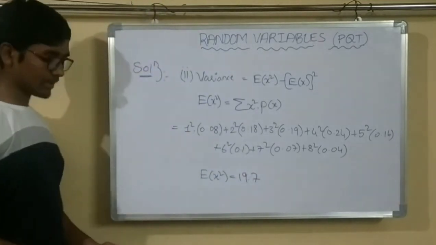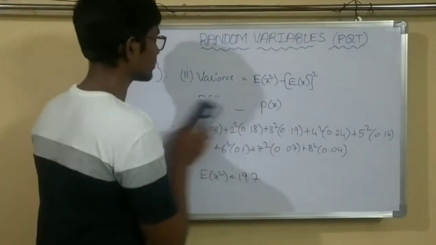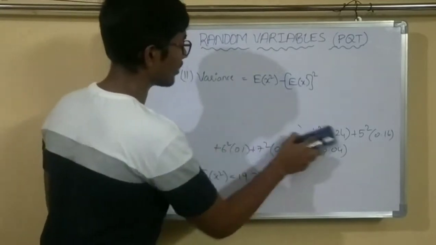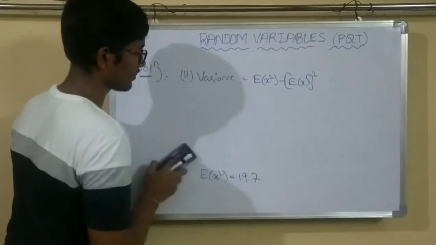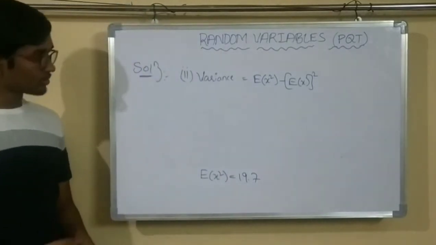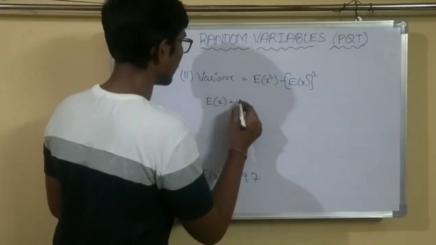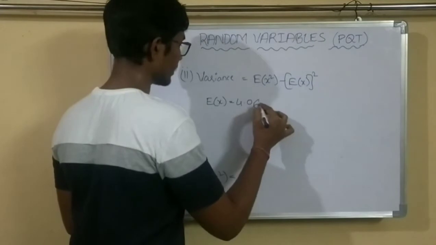I got the expectation of x square value as 19.7, and I have to substitute this value in the formula to get variance. So we got expectation of x equals 4.06, right?